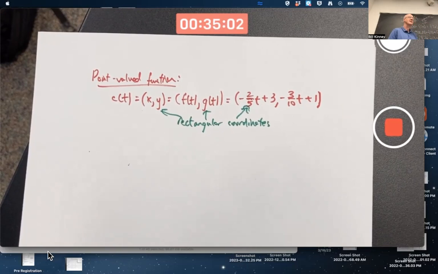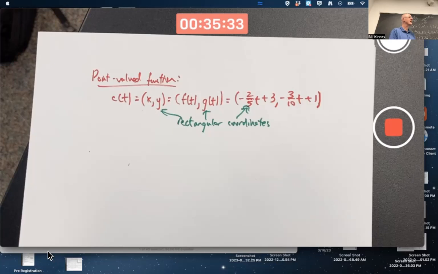By the way, when you've got ordered pairs like this, two numbers separated by a comma inside parentheses, we're used to thinking of those as rectangular coordinates, x and y, but it doesn't have to be rectangular coordinates. It could be some other coordinate system, like polar coordinates. And in Calc 2, you will learn a little bit about polar coordinates, and for sure in multivariable calculus.